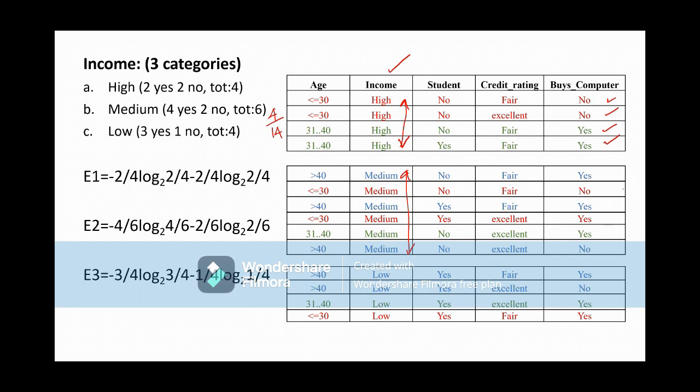So the probability of getting medium is 6 by 14, and I'll take low as my category. I'm having 4 rows, out of which there are 3 yes and 1 no. So the probability of getting low is 4 by 14.